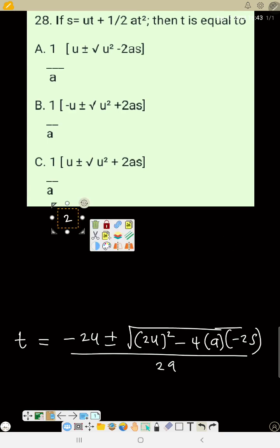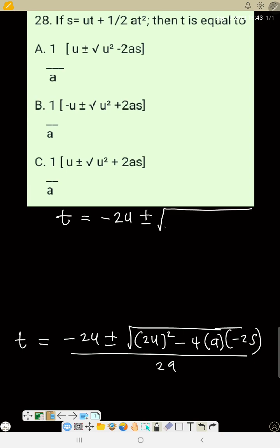So t is equal to minus 2u plus or minus square root of 4u squared, that is 2 squared is 4, then u squared, plus 4 times 2, 8as, everything divided by 2a.